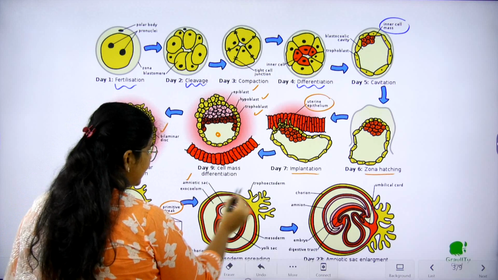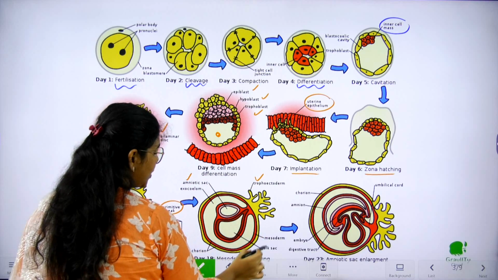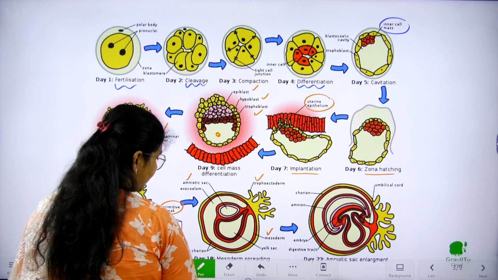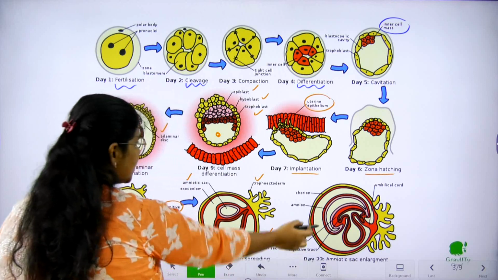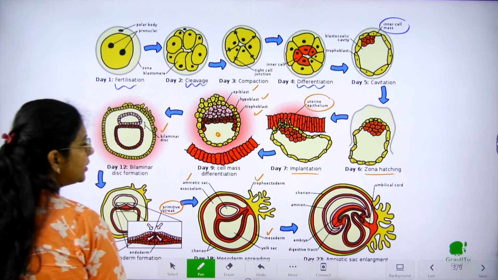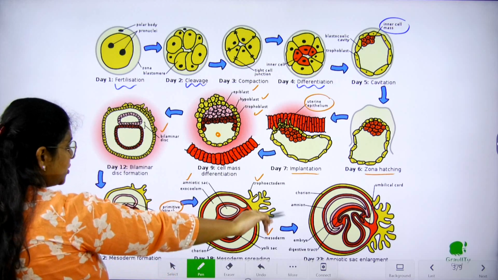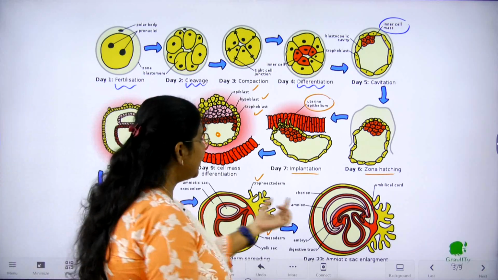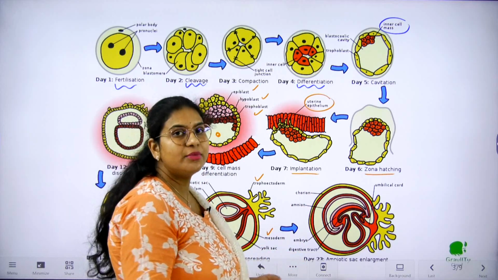So here is the amniotic sac, this is the trophoectoderm that forms the placental villi. These are the placental villi, and here is the mesoderm, that is the embryo being formed, and slowly the body organs will start forming. That much is not needed, because the extra embryonic layers, chorion, amnion as well as yolk sac, are called extra embryonic layers.